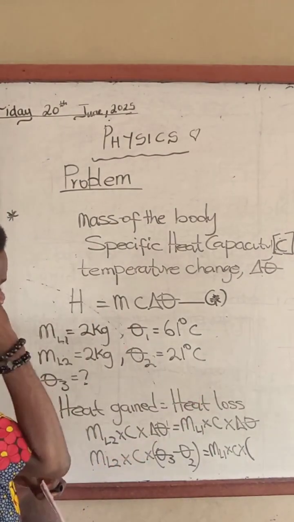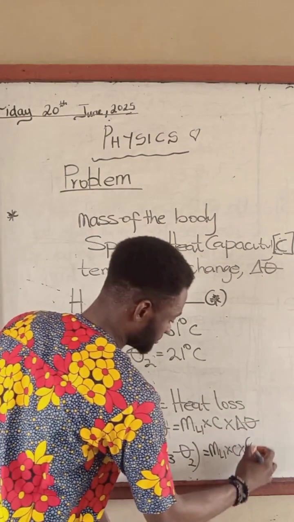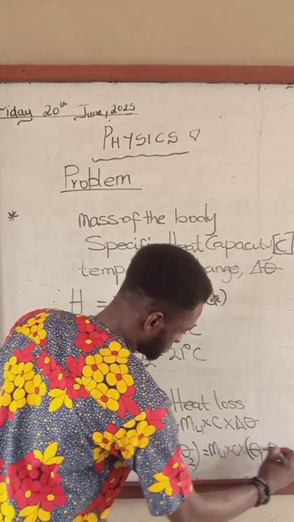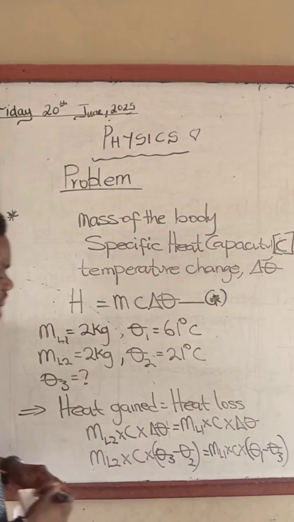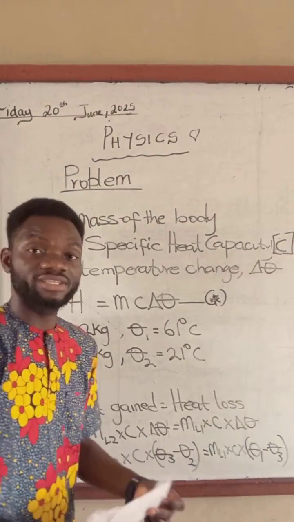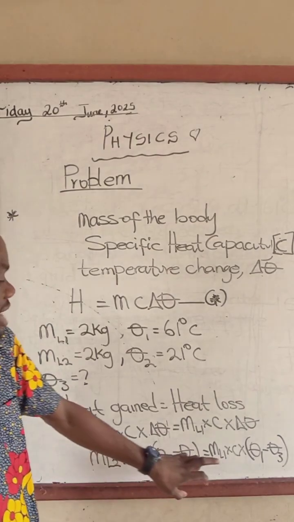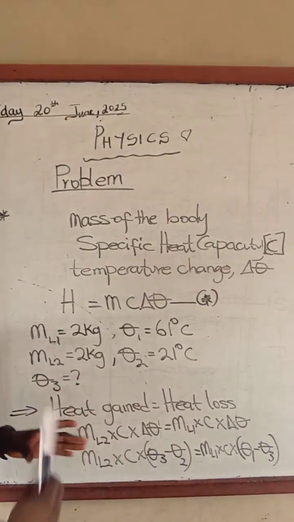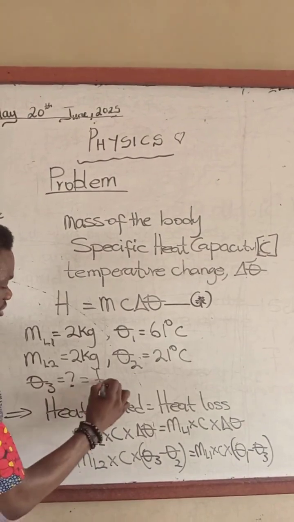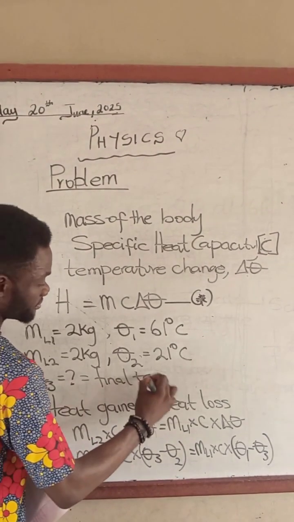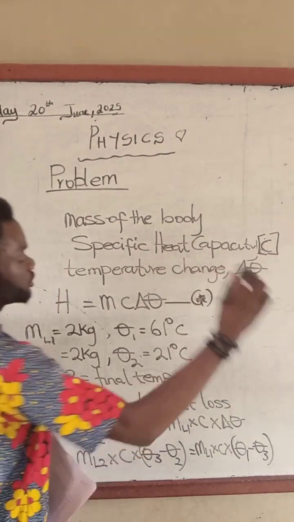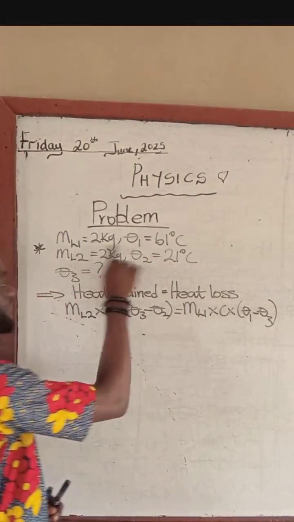So in the final sequence, we have theta 1 minus theta 3. This is what we'll be following, and our target is to obtain theta 3, the final temperature. It's now time for us to input our values.